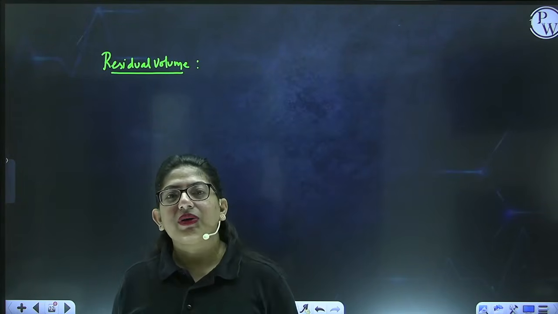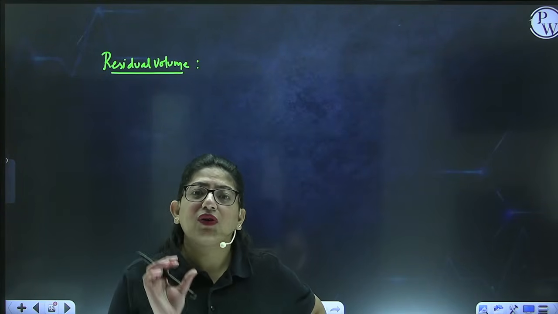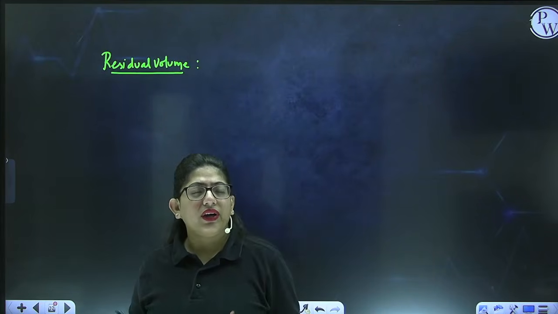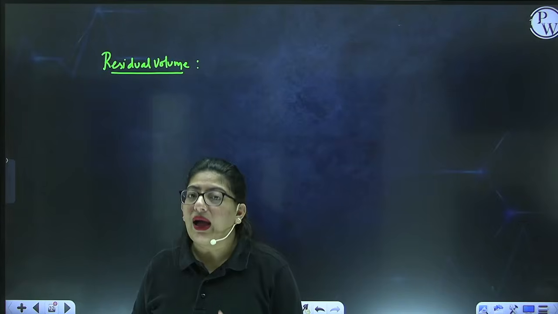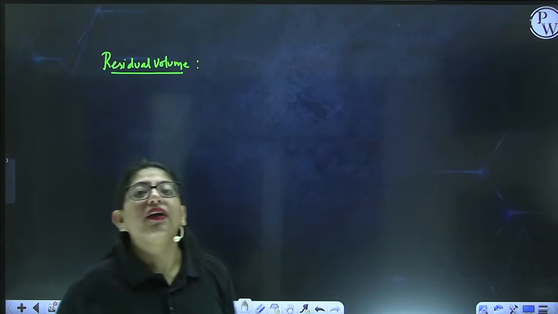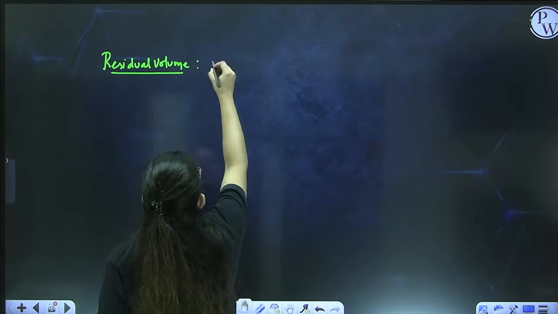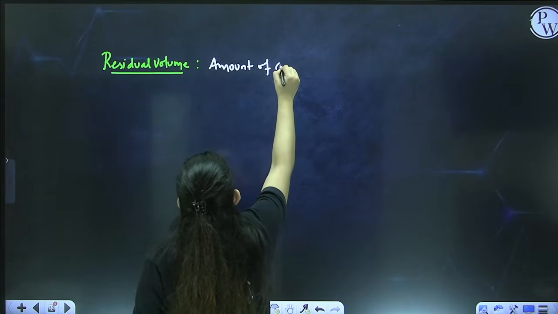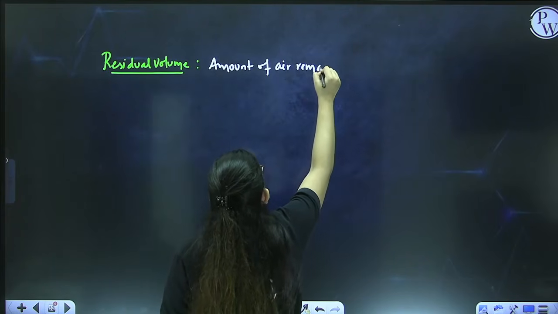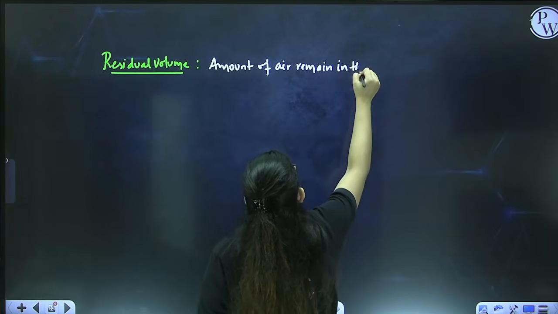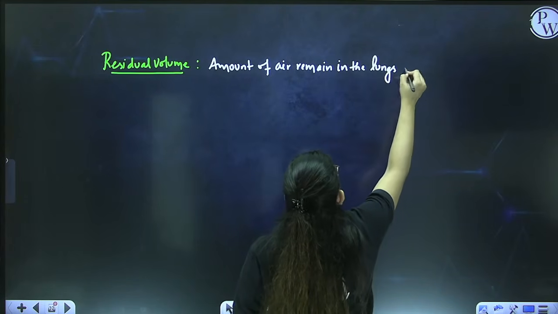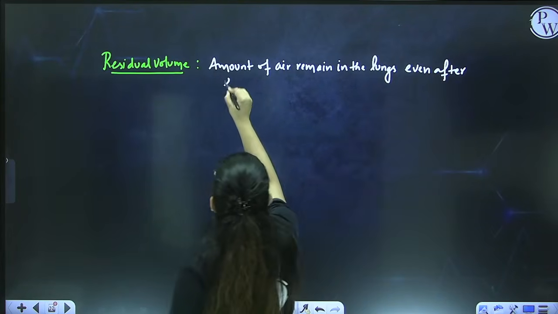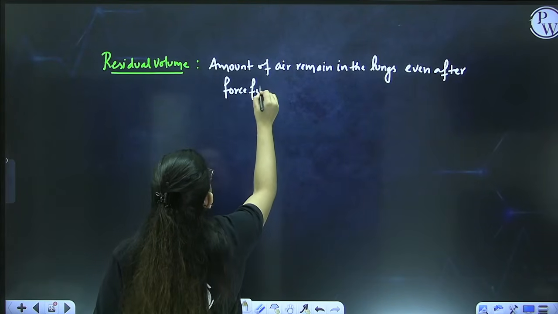A little negative pressure is always maintained so that some amount of air always remains inside the lung, and that's residual volume. But why are we doing it? To prevent the collapse of the alveoli, right? So residual volume is the amount of air that remains in the lung even after forceful exhalation.